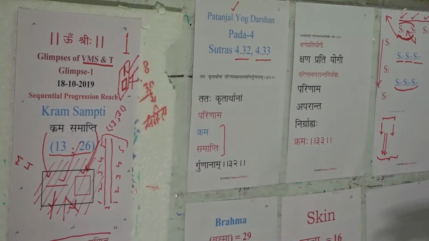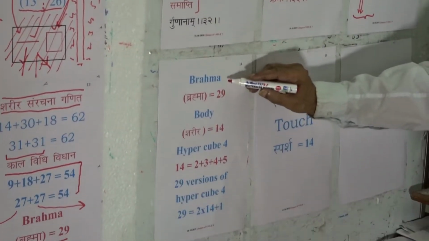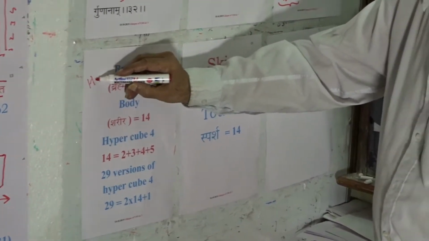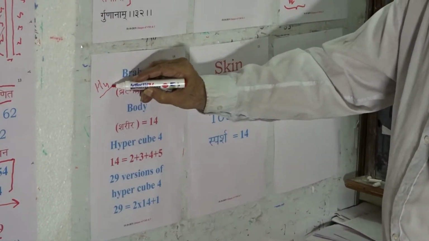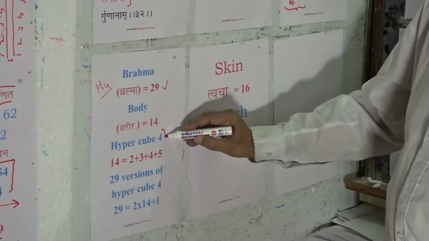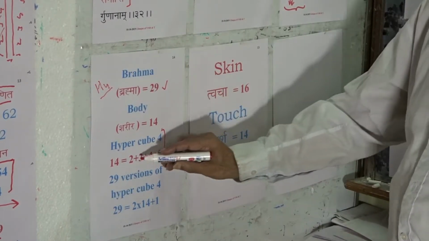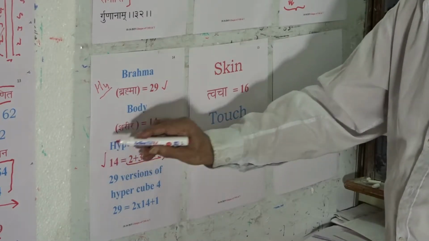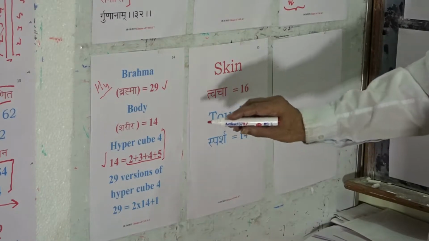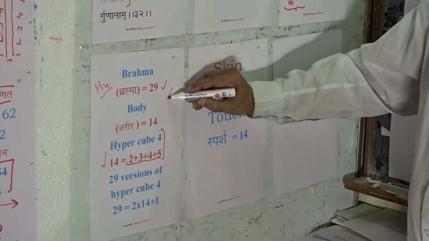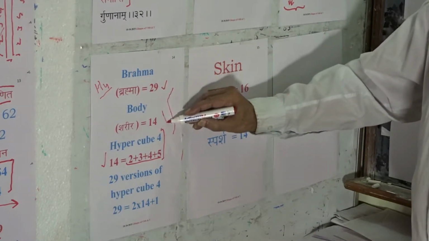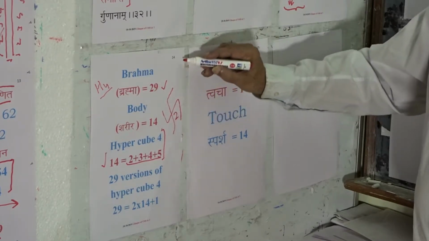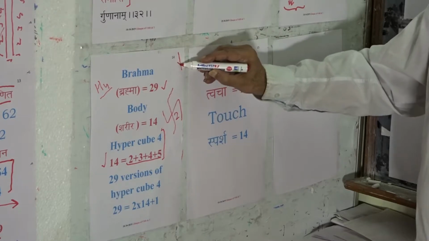We know that Lord Brahma is the overlord of hypercube of 4 space. 4 space body, hypercube 4, is a fourfold manifestation layer of 2, 3, 4 and 5, making value 14. Now 4 space is a spatial order space, means 2 space is playing the role of dimension of a 4 space. It is 3 space which is a linear order space.